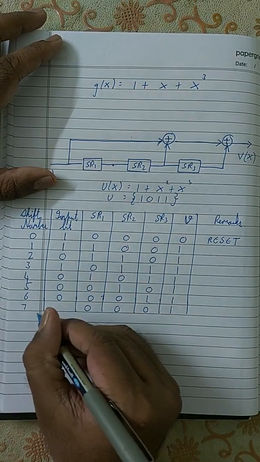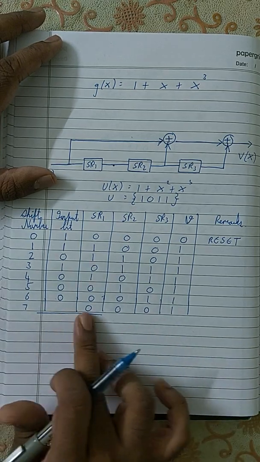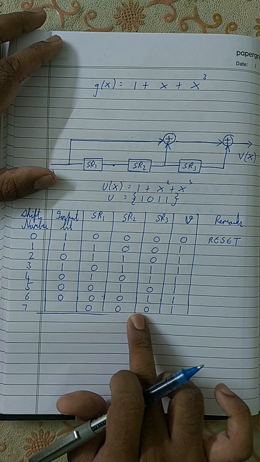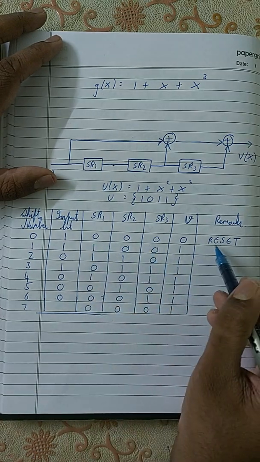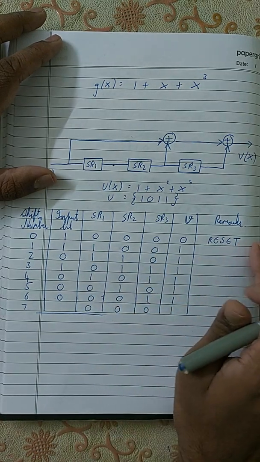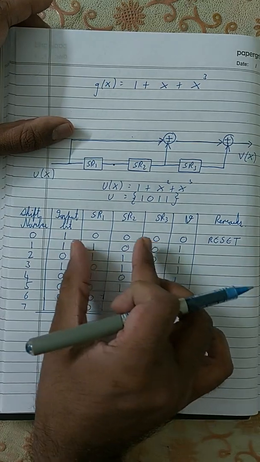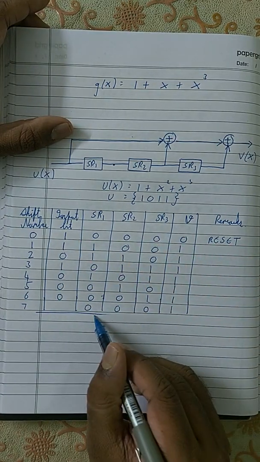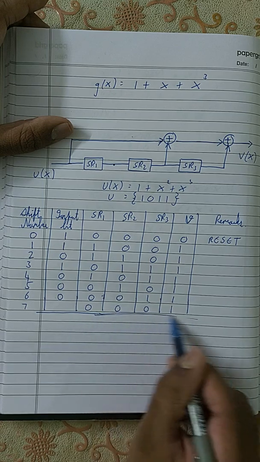That's it. Now no need to send any more zeros because the contents of all the shift registers are all zeros. That is the first starting state. It's called the reset mode or the starting mode. Starting mode means the contents of all the shift registers are 0, which means you have successfully flushed out all the contents of the shift registers.